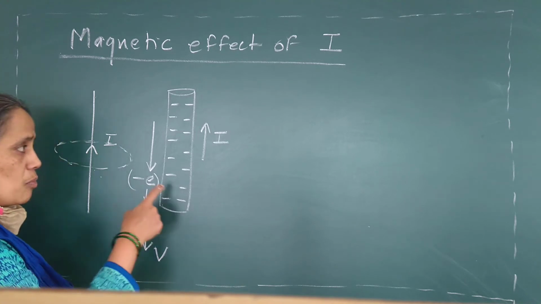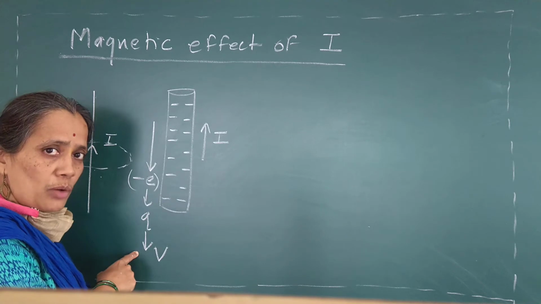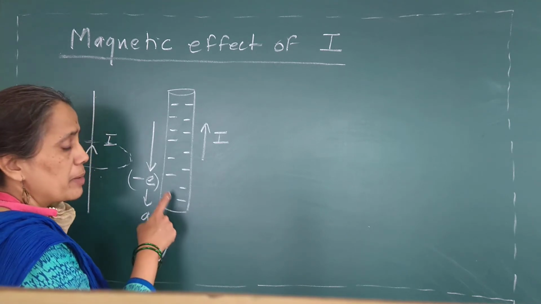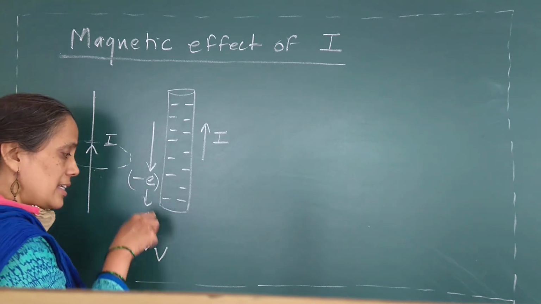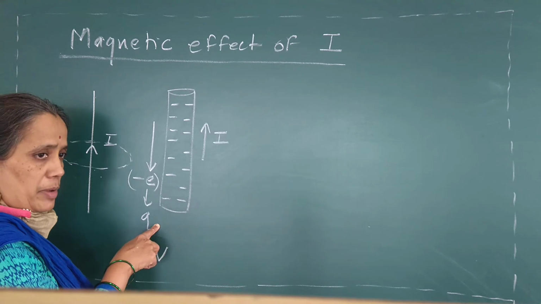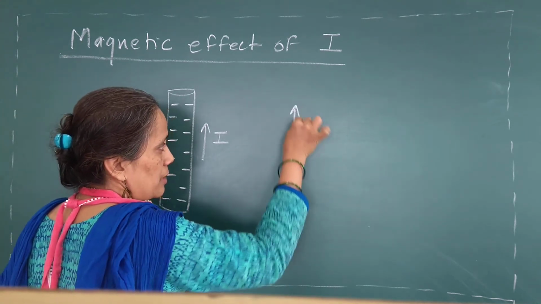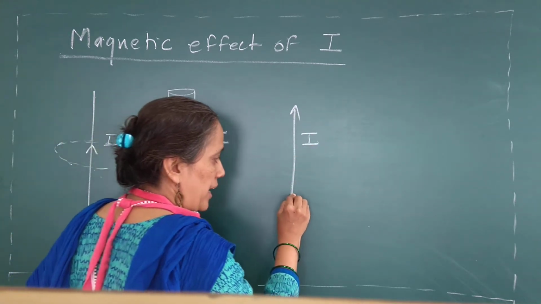So due to this motion of charge with certain velocity v, there will be a production of magnetic field. This is nothing but the flow of current, so there will be a production of magnetic field.